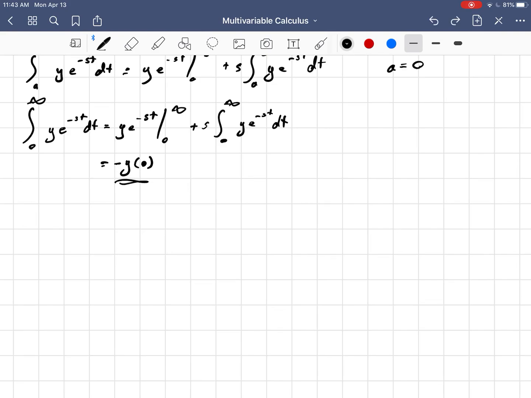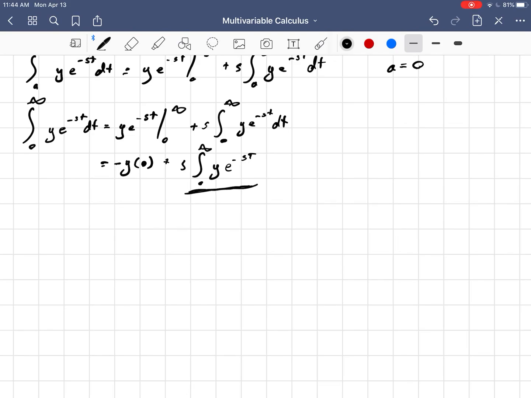We don't know what y is, but whatever y is, plug in 0 and you're going to get a number. It's important to know that this is just a number, whatever y happens to be defined as. So we have plus s times the integral from 0 to infinity of y e to the negative st.